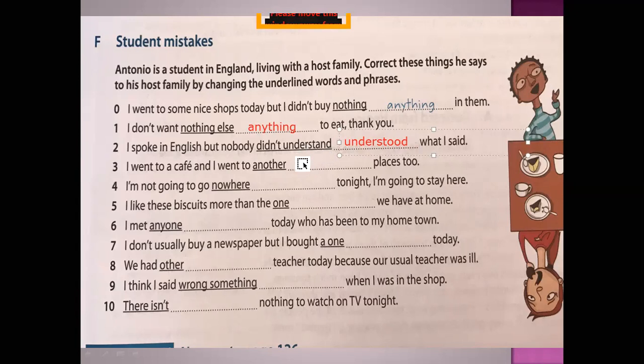So next one. He said, "I went to a cafe and I went to another places too." Is it correct or is there any mistake?